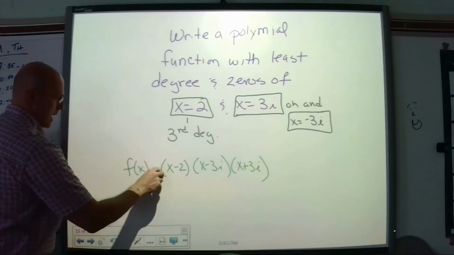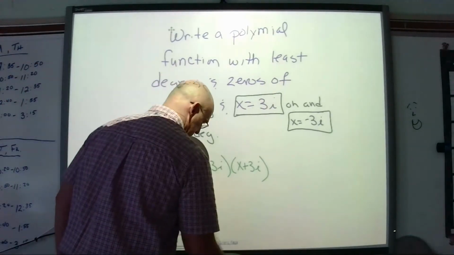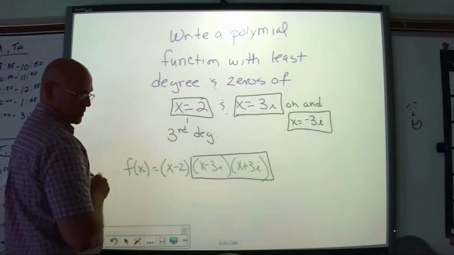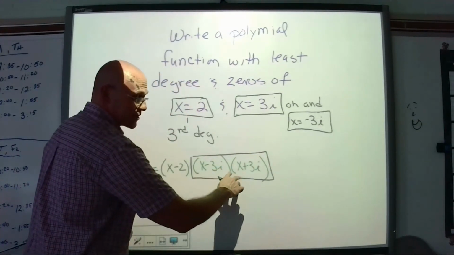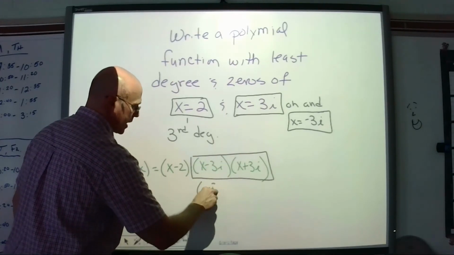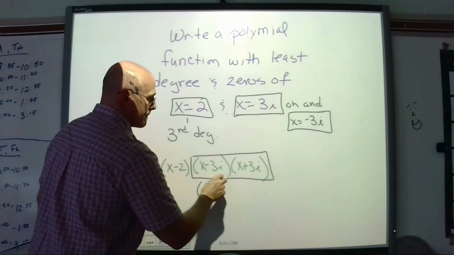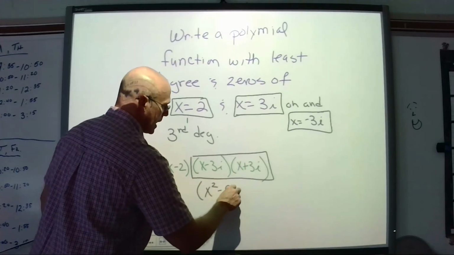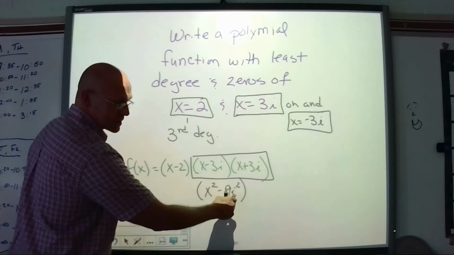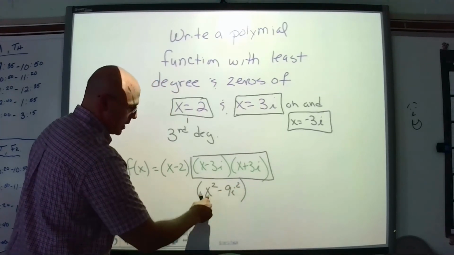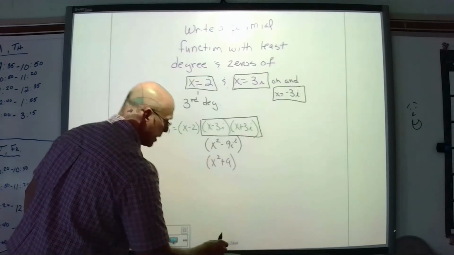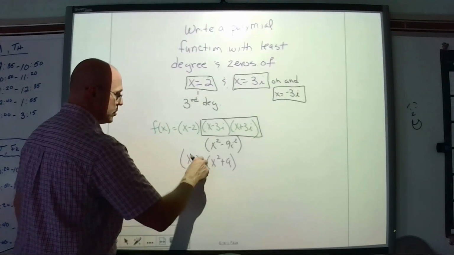There it is. I can't leave it like that. I have to multiply it out. Start by multiplying these factors. They're conjugates. The middle terms will drop out. When you multiply these, you get x squared. Here you get minus 9i squared. Remember, i squareds can't stay i squareds. They turn into negative 1s. So this really becomes x squared plus 9 times x minus 2.